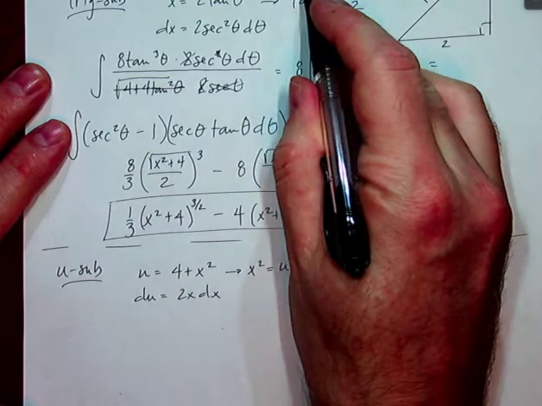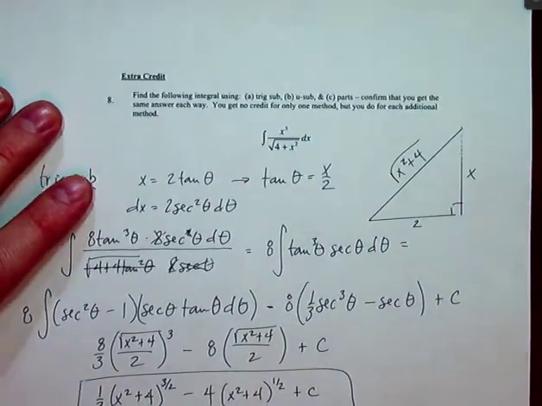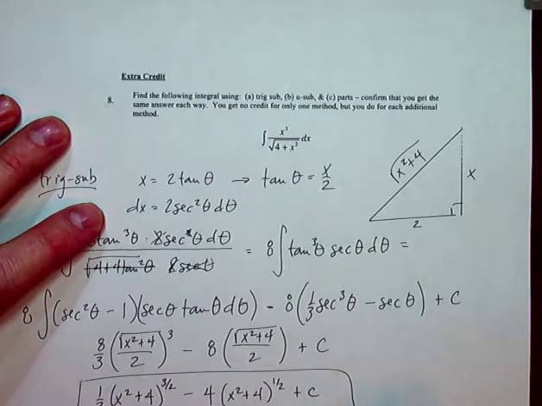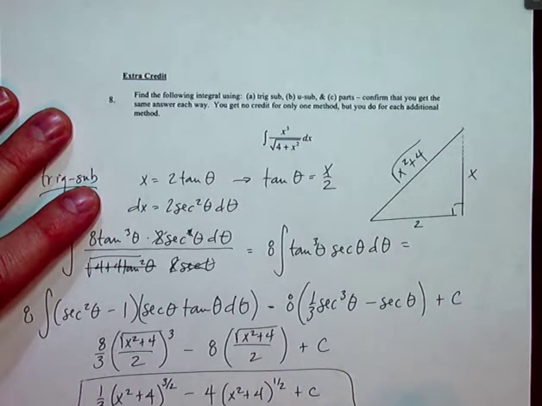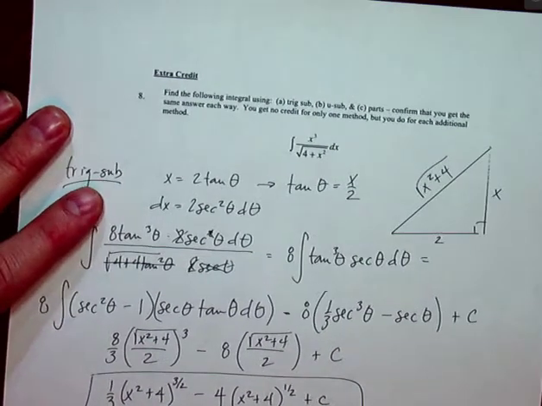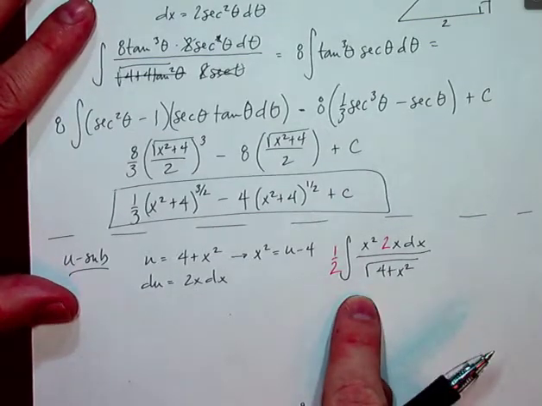Basically, this x cubed needs to be pulled apart into x squared and x, right? So the way that we're going to construct it is we're going to say, okay, well, that's x squared, and that's x dx, and that's the square root of 4 plus x squared. Now, in order to get all of these pieces, I need a 2 right there and a 1/2 out in front. And now all of a sudden I can put everything in terms of u.